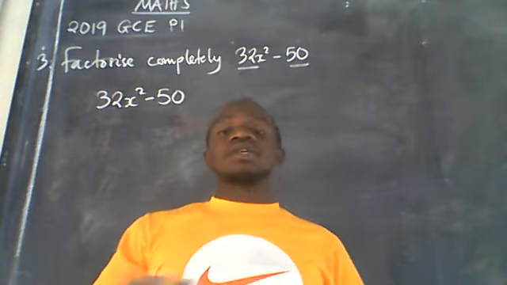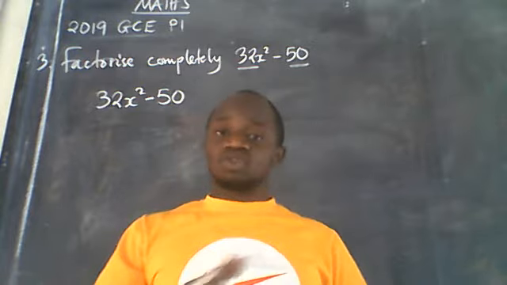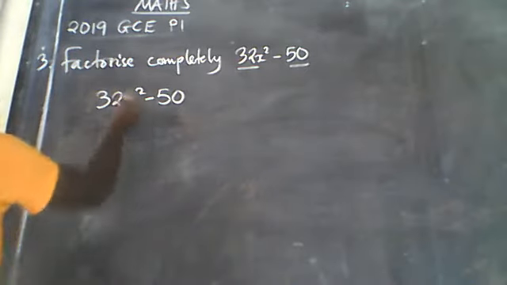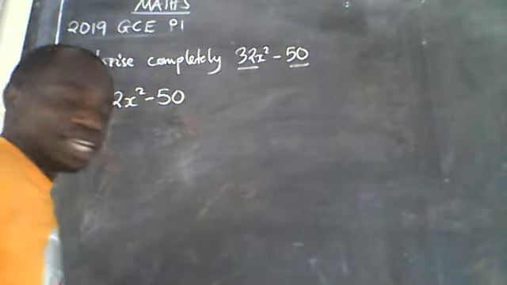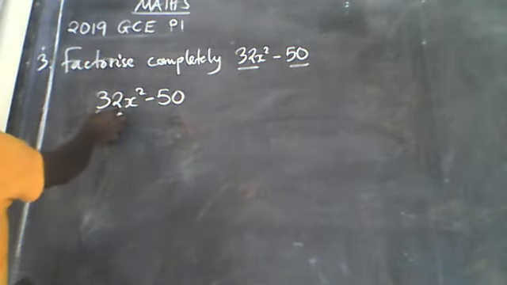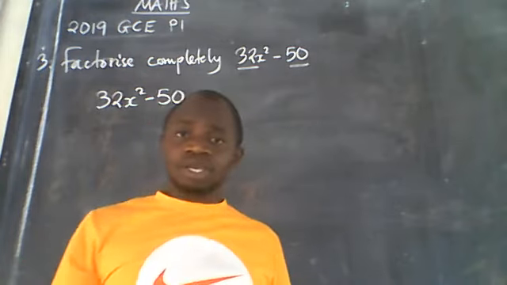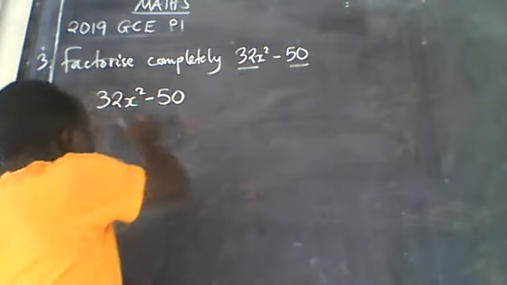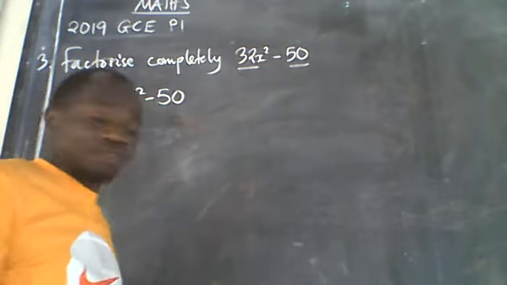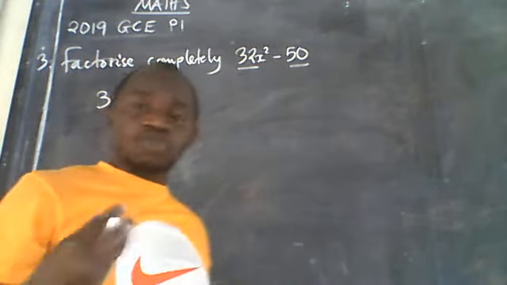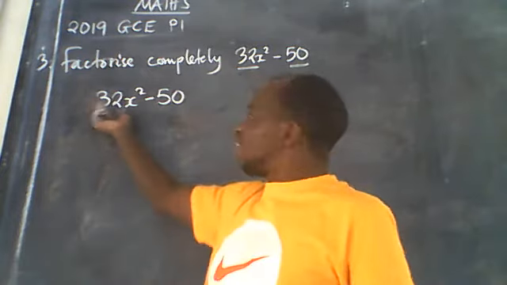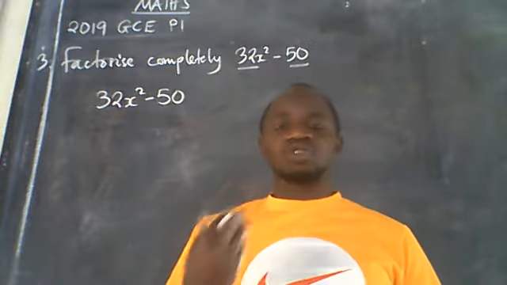Now, if you look at this, the only thing that has been squared is x. Is there a number that I can use to square to get 32? Can it be expressed in square form? What of 50? You find that these 2 numbers cannot be expressed in square form.